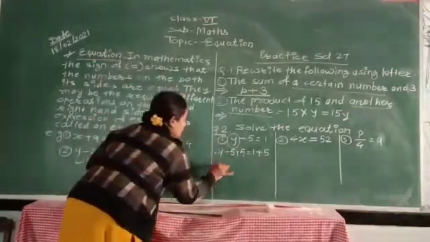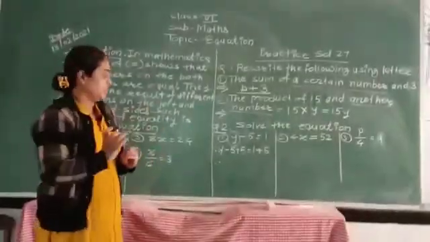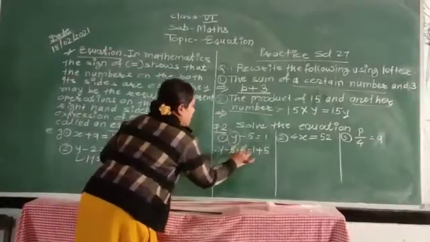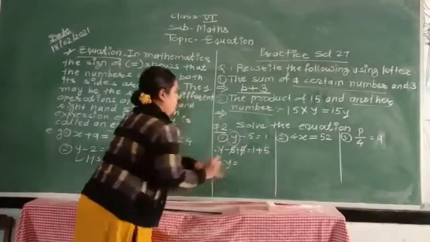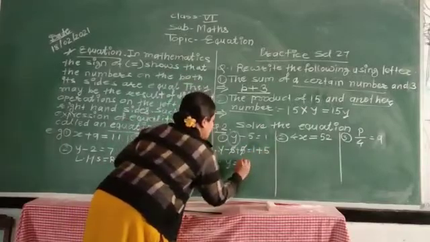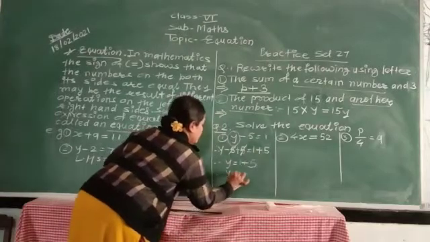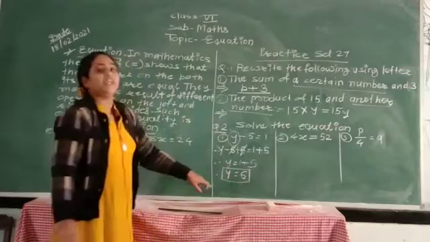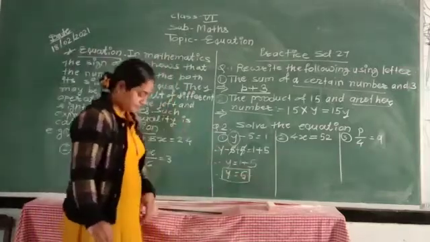Here students, minus 5 and plus 5, the addition of opposite numbers is 0. So y is equal to 1 plus 5, and 1 plus 5 is equal to 6. So the solution of that equation is y is equal to 6.